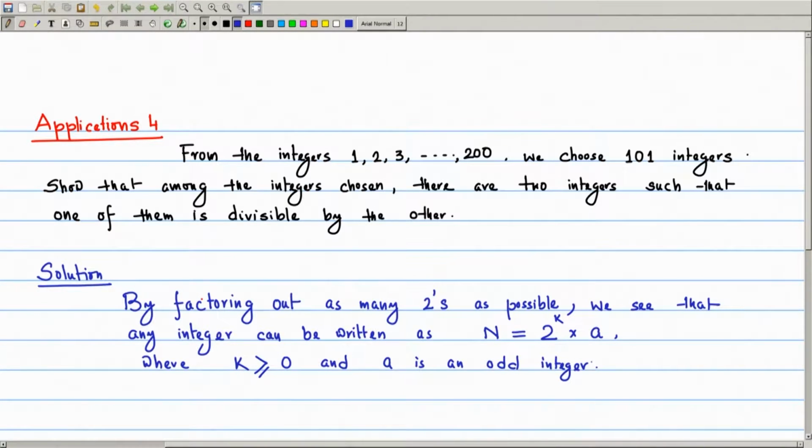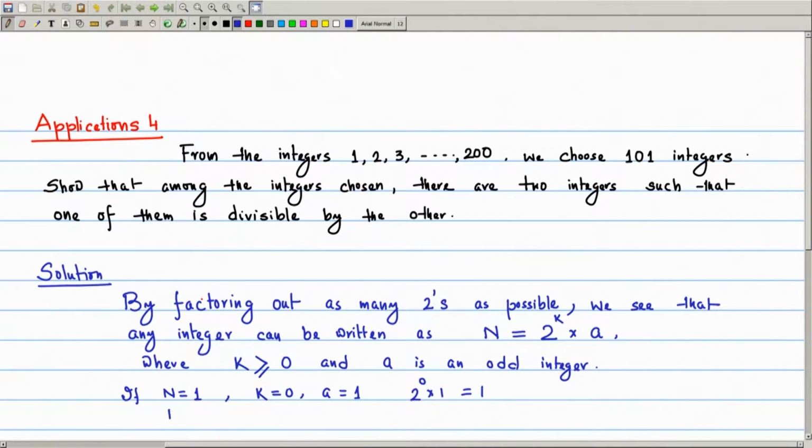First we see, for small integers, what the values of k and a are. If n equals 1, then k equals 0 and a is 1, since 2 to the power 0 into 1 is 1.